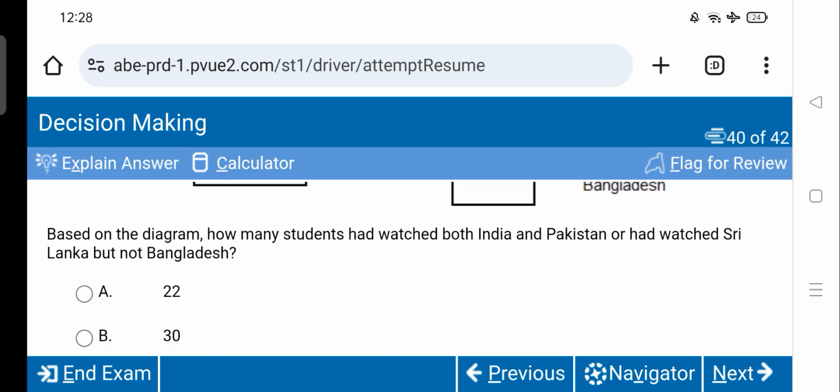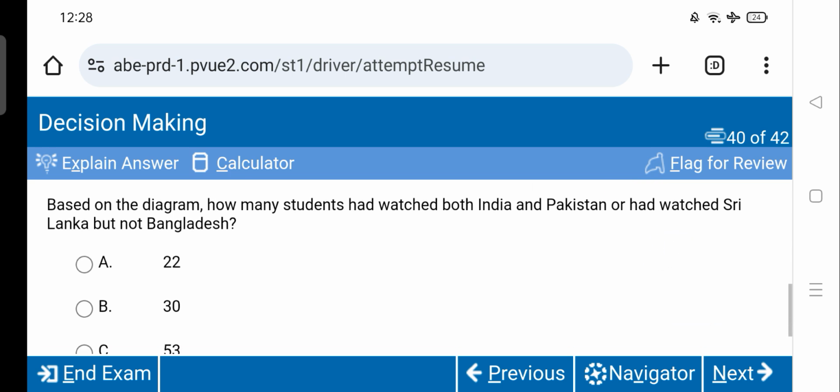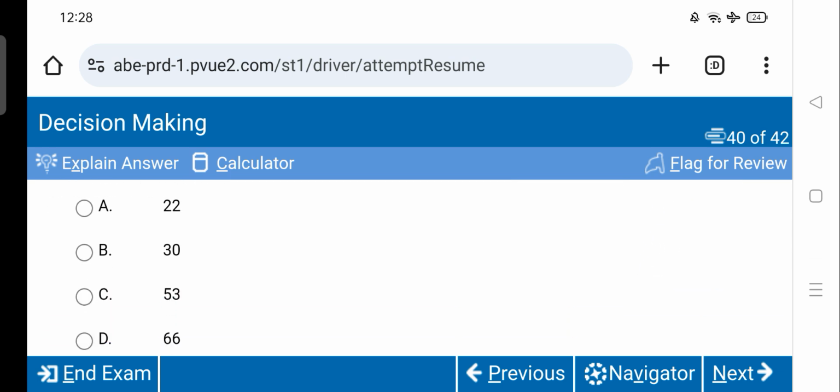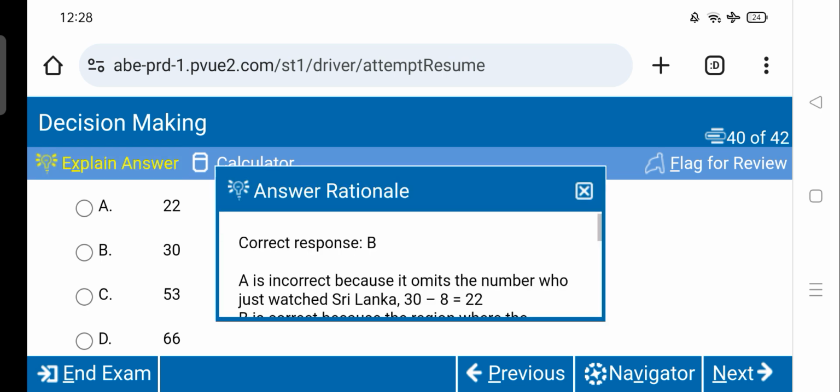Based on the diagram, how many students had watched both India and Pakistan or had watched Sri Lanka but not Bangladesh? Option A 22, option B 30, option C 53 and option D 66.